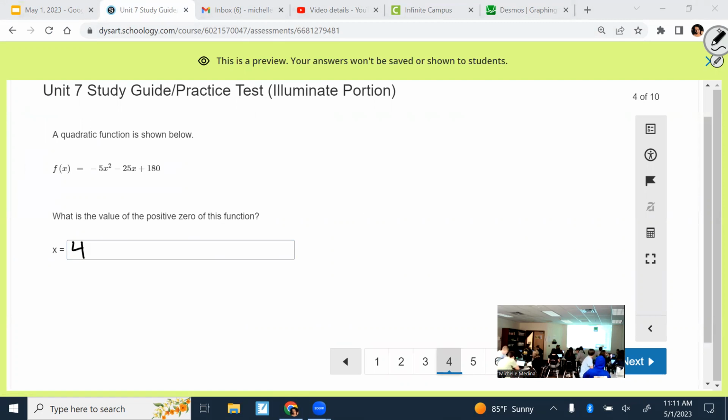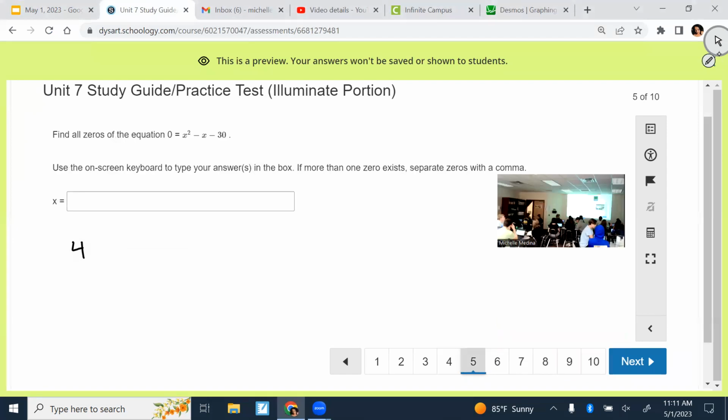All right, others from either portion. Hayden, on this one? Find all zeros in the equation. And you will type both of them into the answer box. So for this one, what method do you think would be easiest?